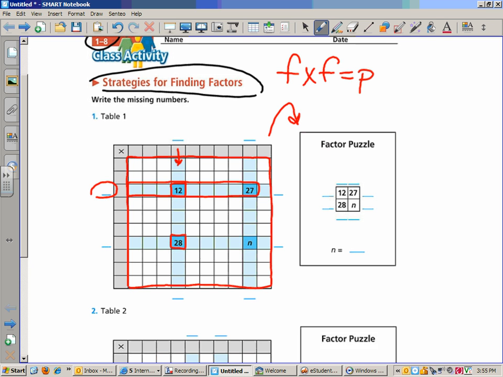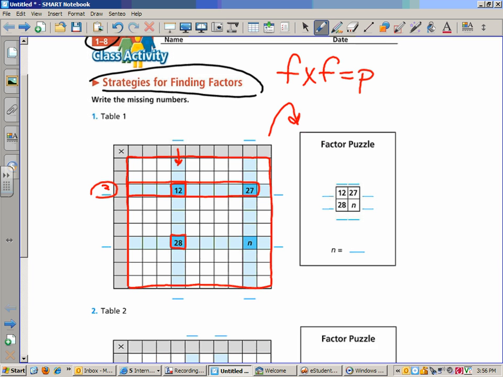So what do they have in common? When we're looking at 12 and 28, we can think, well, they have 2, they have 4, they have 1. So what do we think it is? We can use the other side to help guide us, thinking of 12 and 27. What do 12 and 27 have in common?